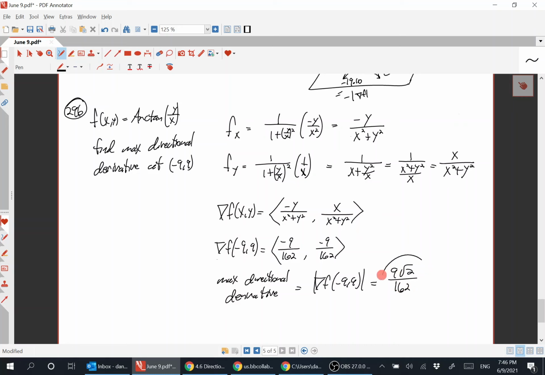Yeah, 162 must divide evenly by 9, 18. So that is root 2 over 18. All right. So that was 296.